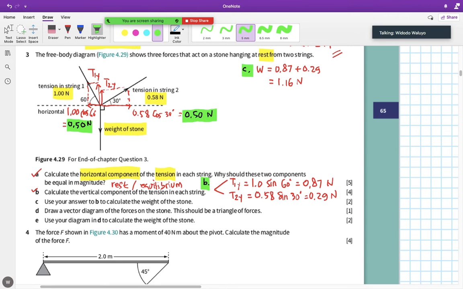And then D, C is done. Draw a vector diagram of the forces on the stone. This will be a triangle of forces on the stone.